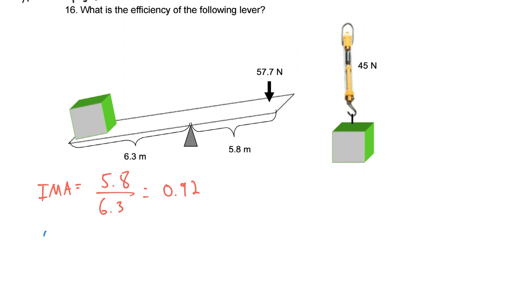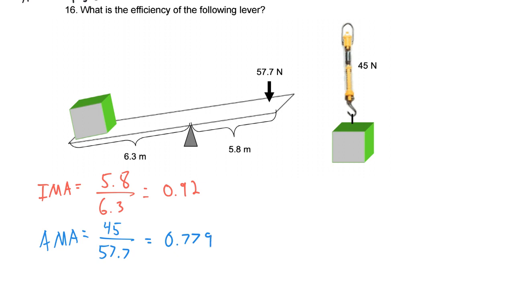All right, and then the actual mechanical advantage is the 45 newtons of force to lift this straight up versus the 57.7 that we actually applied to the lever. And we get 0.779.